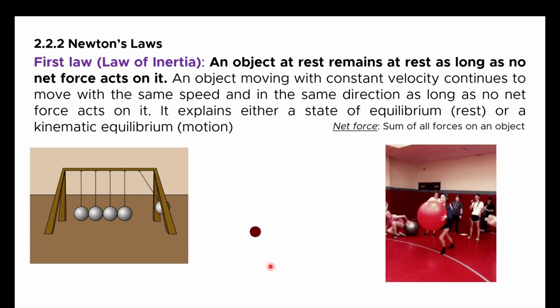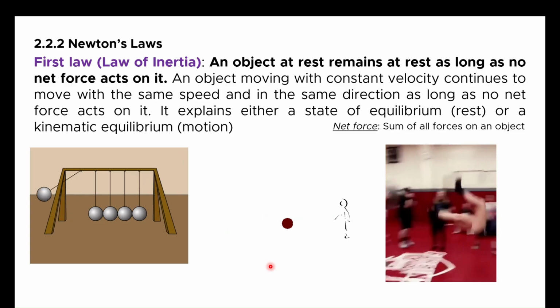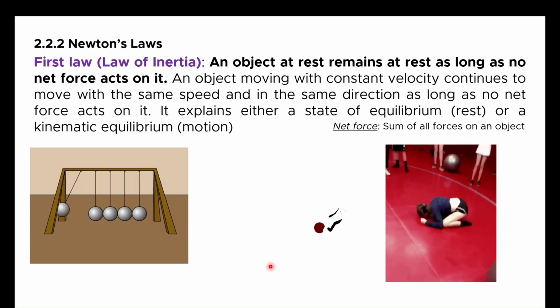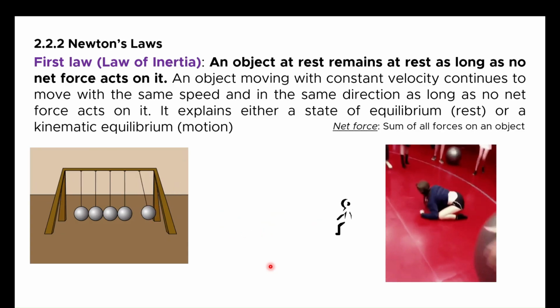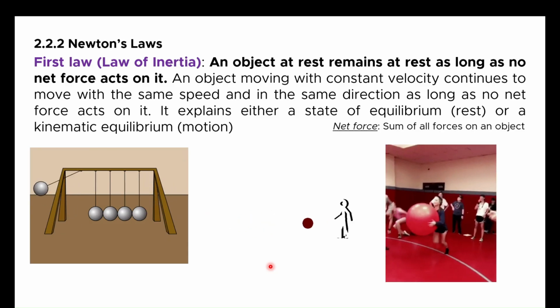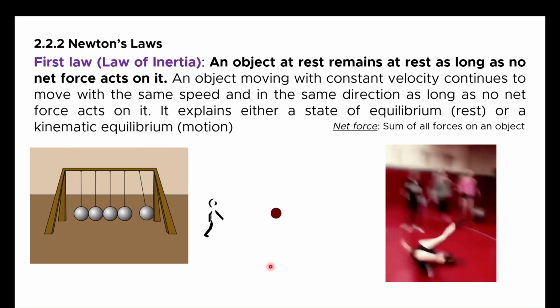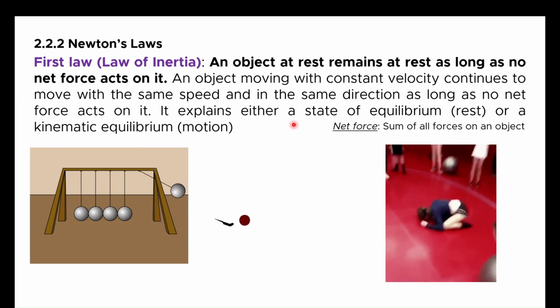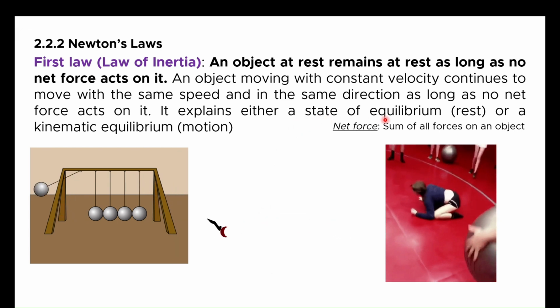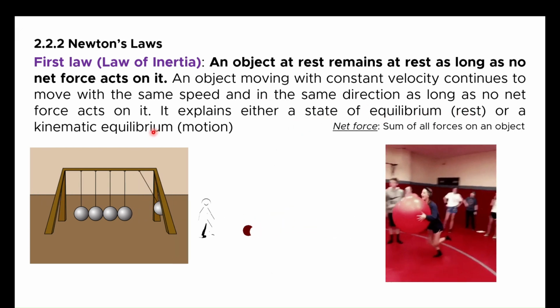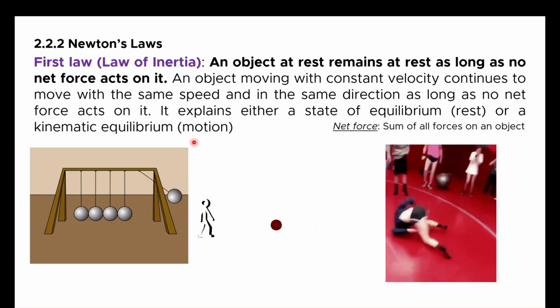But if our object has an acceleration, this means that the net force is different than zero. If the net force is zero, the object is in a state of equilibrium, which could be rest, or kinematic equilibrium, which is constant motion.